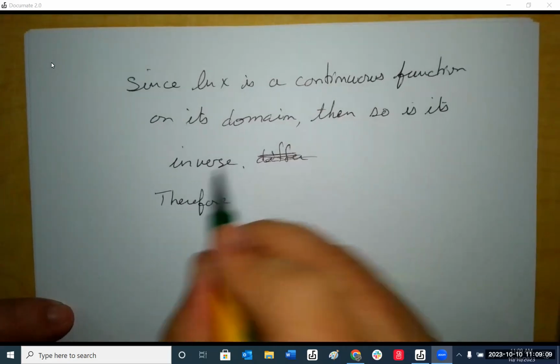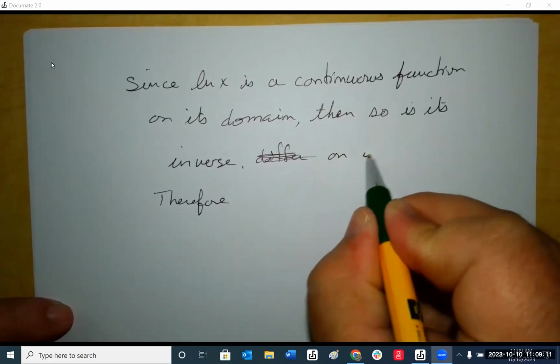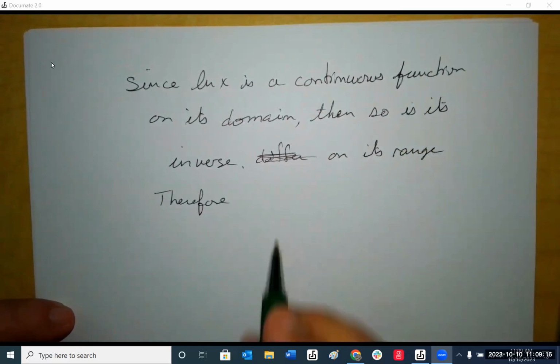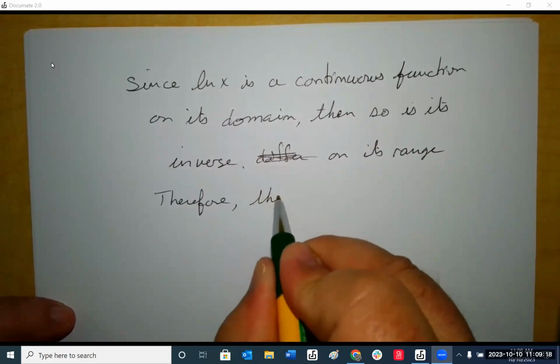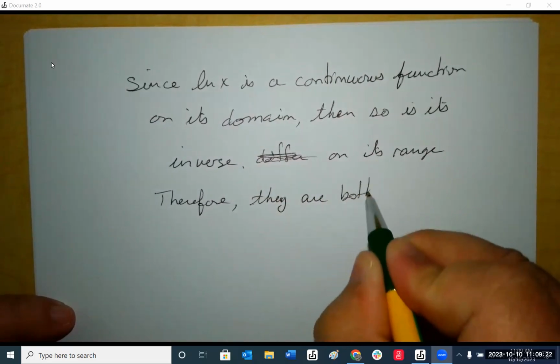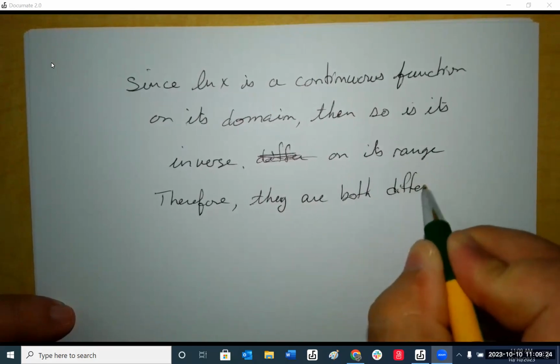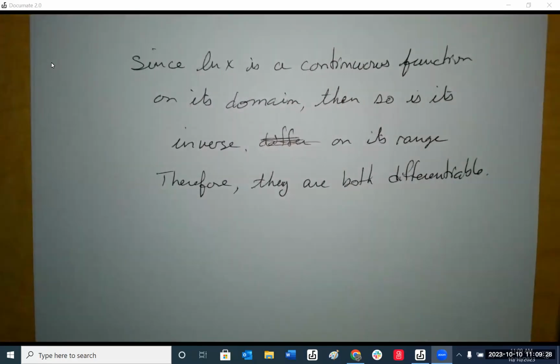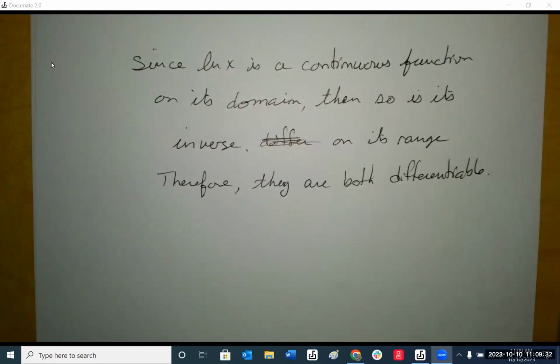Therefore, well, inverse on its range. Therefore, they are both differentiable. Remember what I said earlier, if it's continuous, it's differentiable.